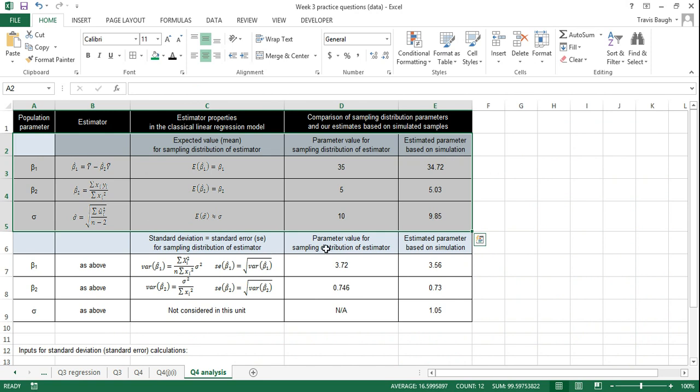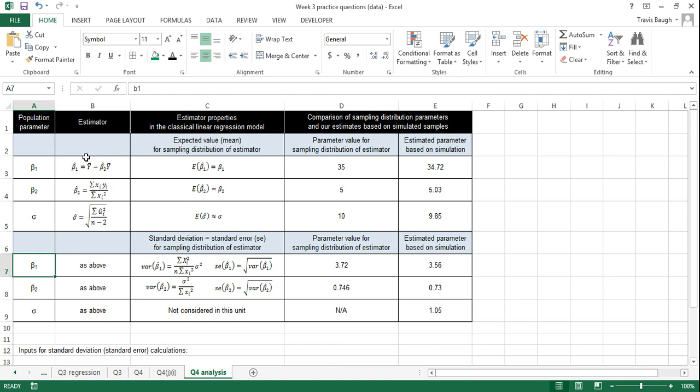So when we take a random sample and use this formula here to estimate B1, we know that we're going to get some variation. We're not always going to get a perfect estimate of the actual true parameter. We will get a series of estimates that will have a probability distribution called a sampling distribution, and theory tells us what the standard error, or the standard deviation, of our estimate should be.